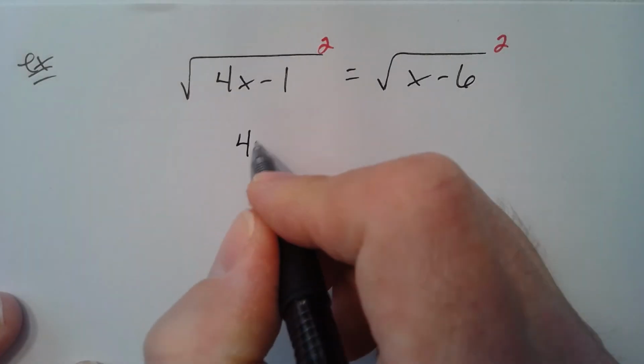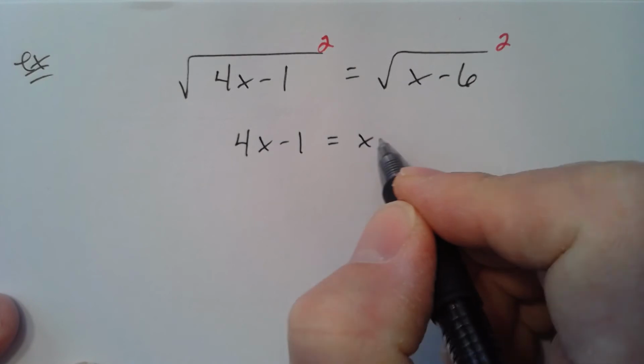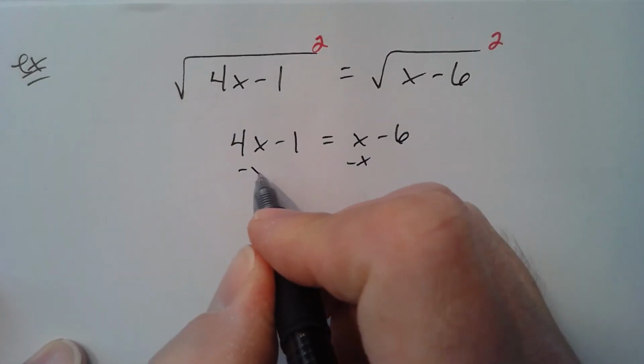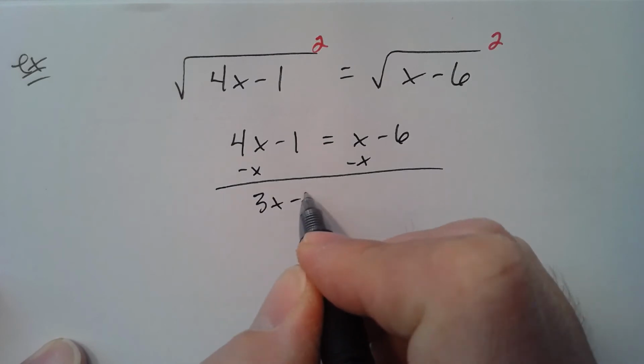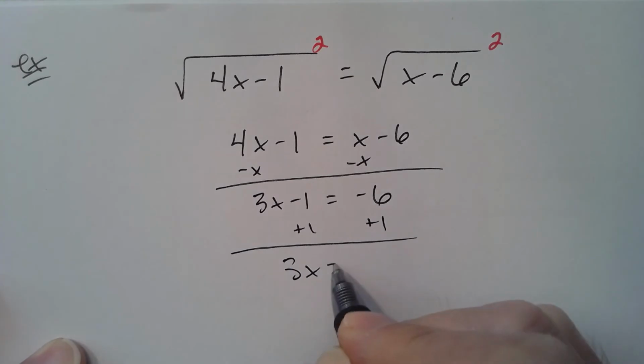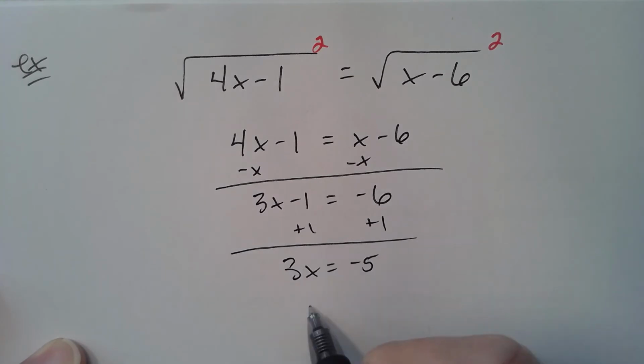So you're left with 4x minus 1 equals x minus 6. So x is negative 5/3.